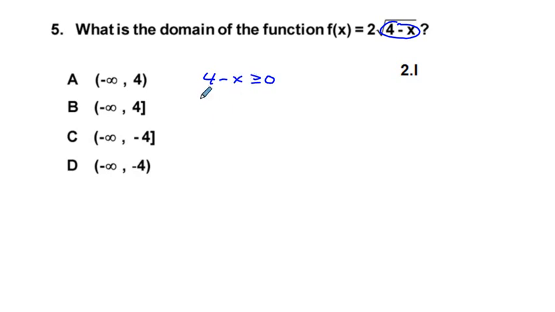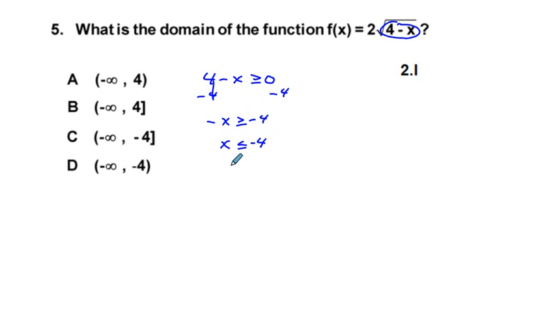I'm going to just leave the x on the left side, subtract 4. So we have negative x is greater than or equal to -4. And if we divide or multiply by -1, we're going to have x is less than or equal to 4.